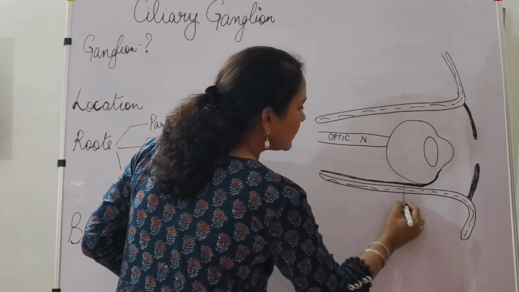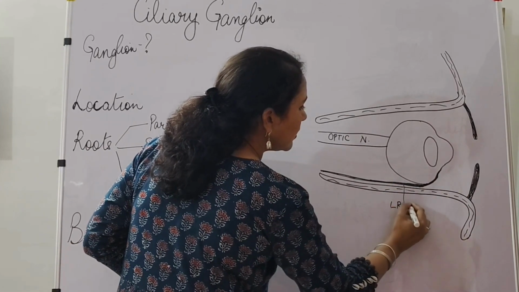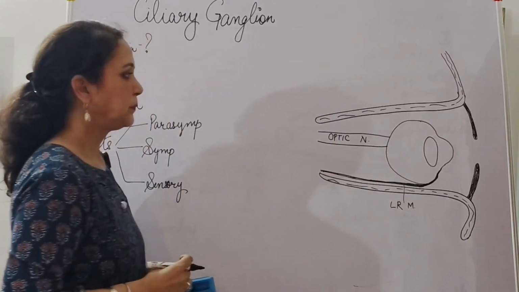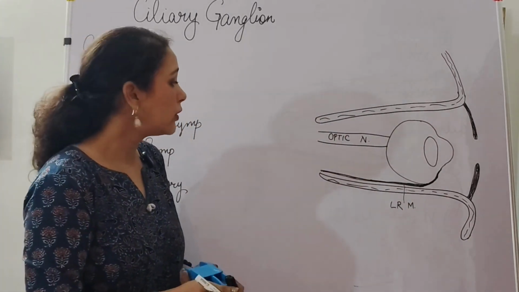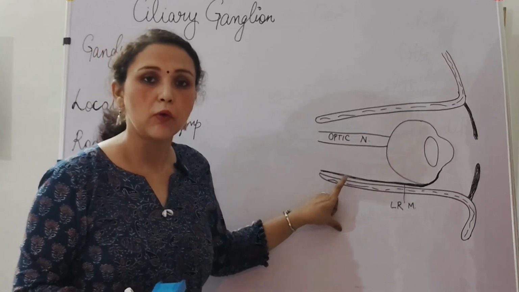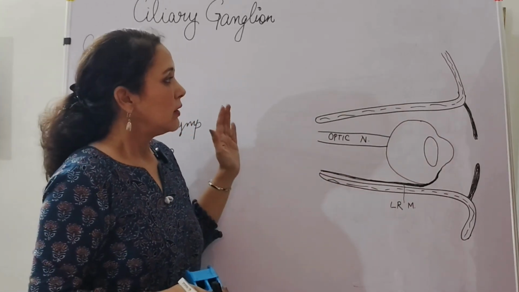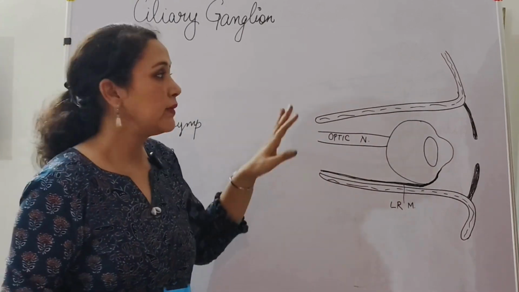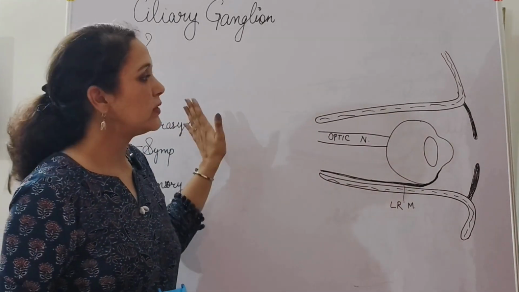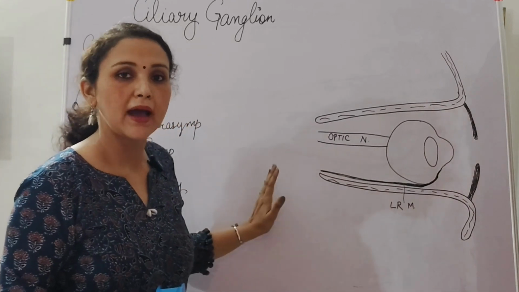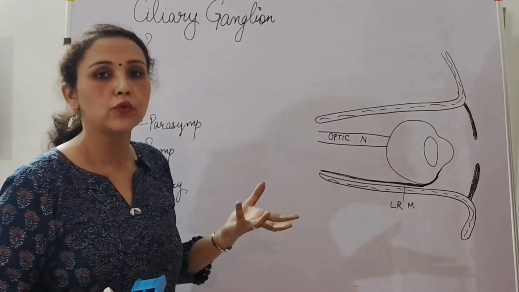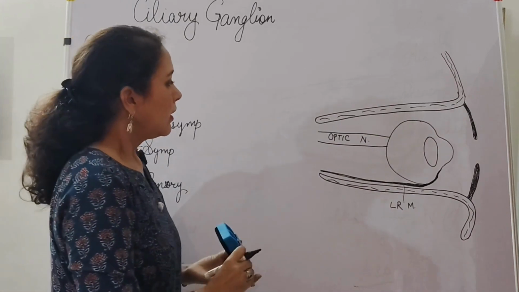So label this as lateral rectus muscle. If you want, you can draw this muscle with a brown color, but what I prefer is that when we are showing ganglia, we can draw the entire diagram with the black color, and we can show the different routes with different colors.